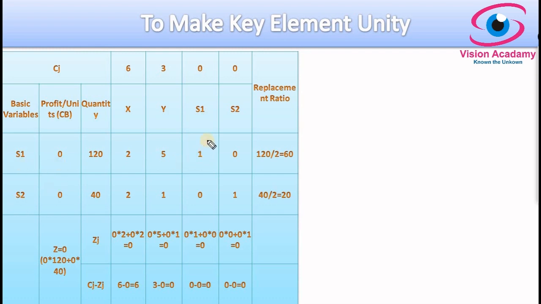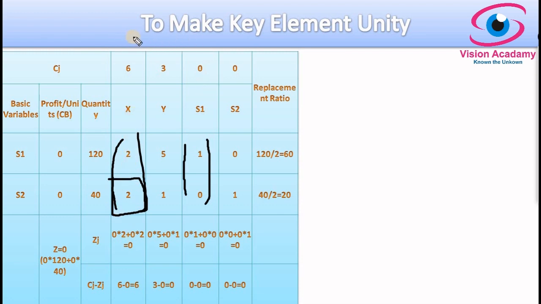S1 is in the identity matrix already, that is 1 0. Then the X column must also form an identity matrix. Since this value is the key element, and these two values are not unity. Unity means, as in S1, 1 0. Here there is no unity in X.